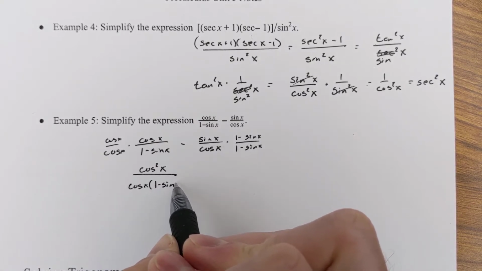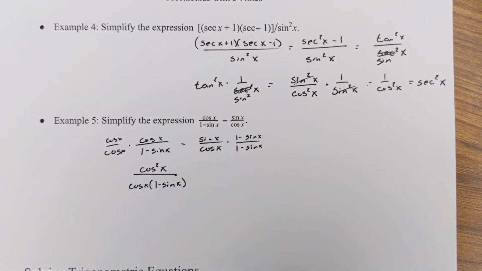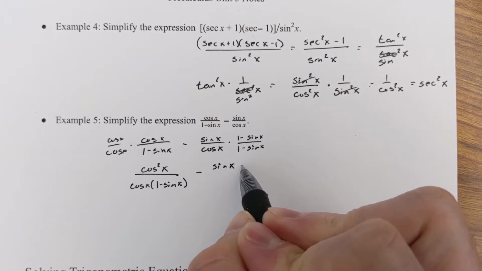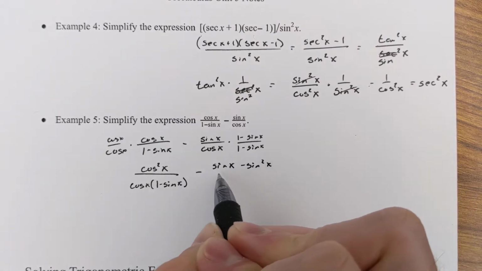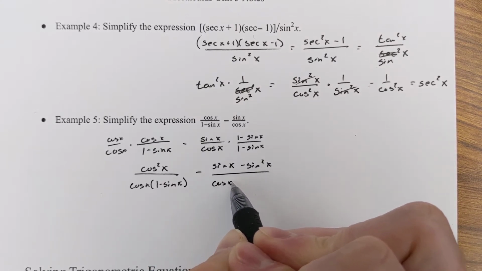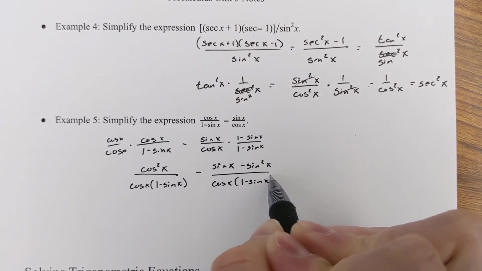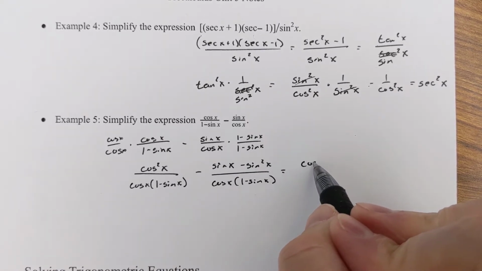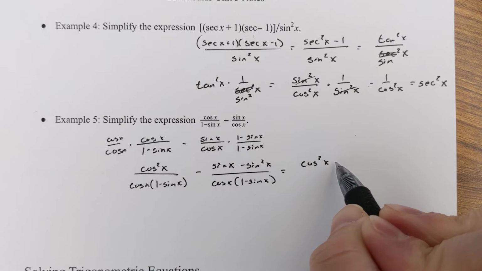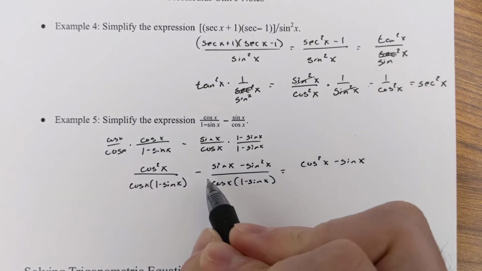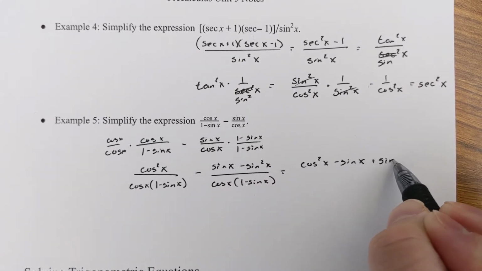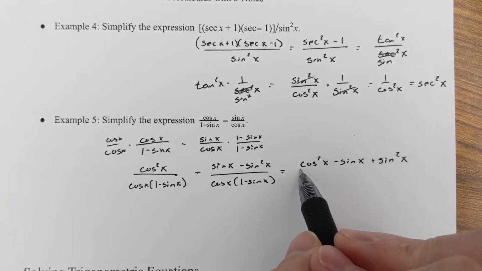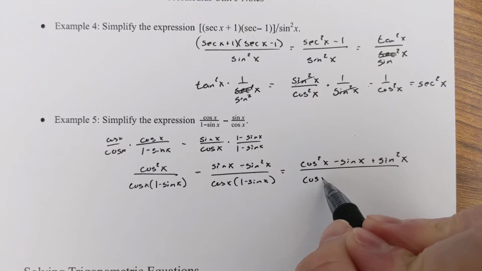We're not going to FOIL that out just yet, just in case something can cancel. Over here, I'm going to have sine x minus sine squared x. Okay, now I have a common denominator, so I can combine the fractions: cosine squared x minus sine x, and be careful, that's going to be plus sine squared, since this negative sign goes there as well. And on the bottom, cosine x times 1 minus sine x.